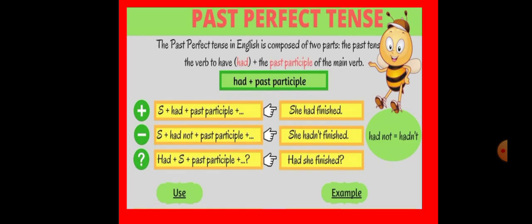For example, she had finished. When the sentence is negative, we should use subject plus had not plus past participle. She hadn't finished. She had not finished. When we raise the question, yes, had plus subject plus past participle. For example, had she finished?